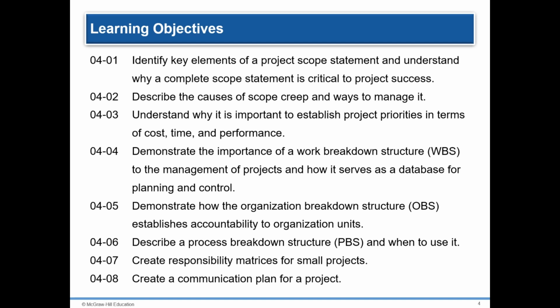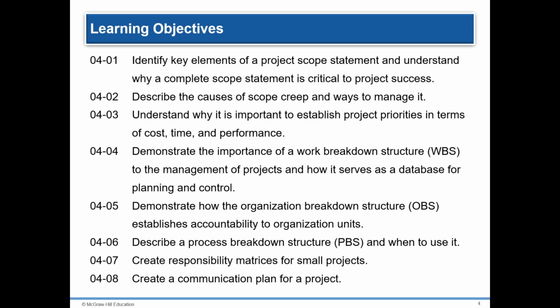To sum up, the key learning outcomes are: identify key elements of a project scope statement and understand why a complete scope statement is critical to project success. Describe the causes of scope creep, the meaning of scope creep, and the ways to manage it. Understand why it is important to establish project priorities in terms of time, space, cost, and performance.